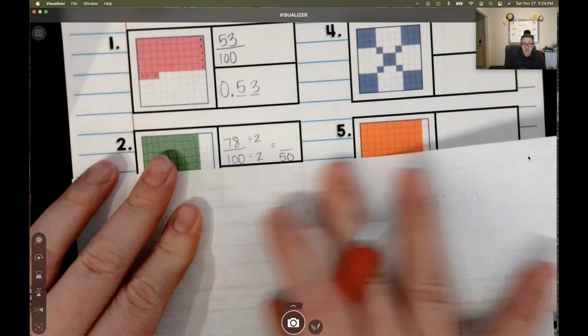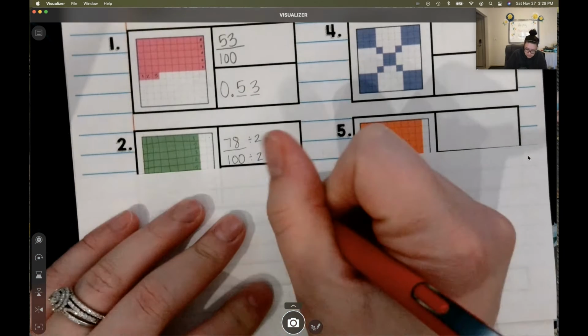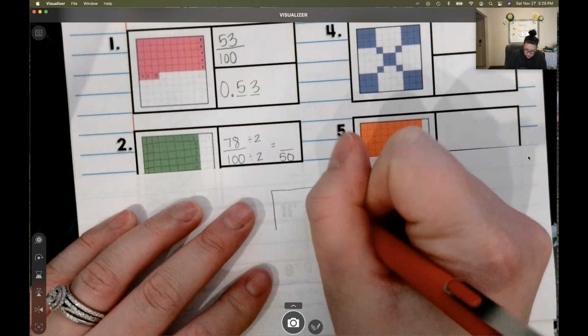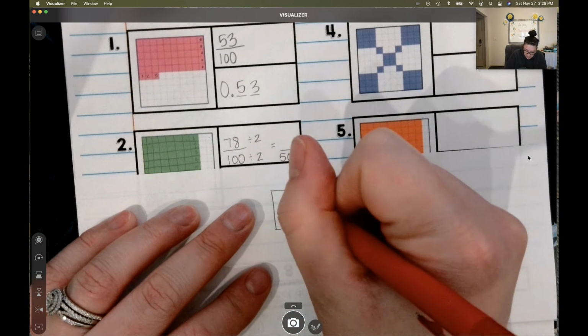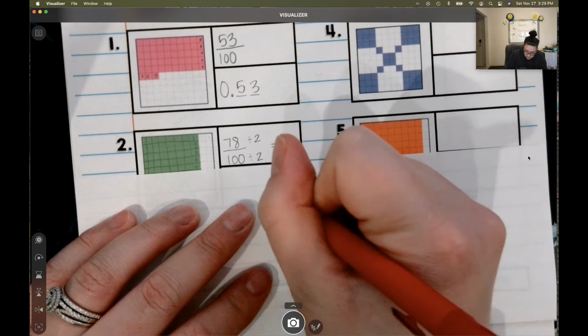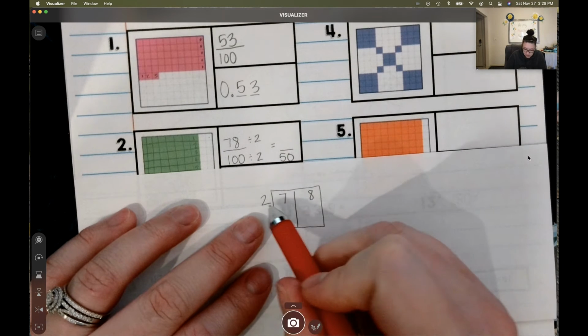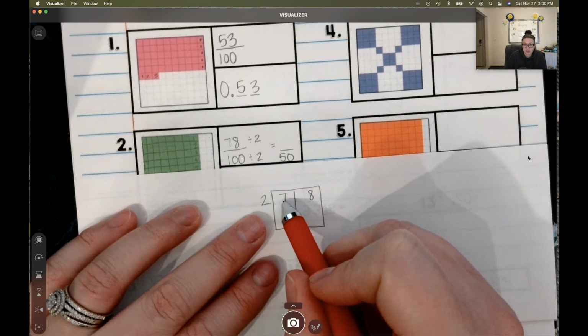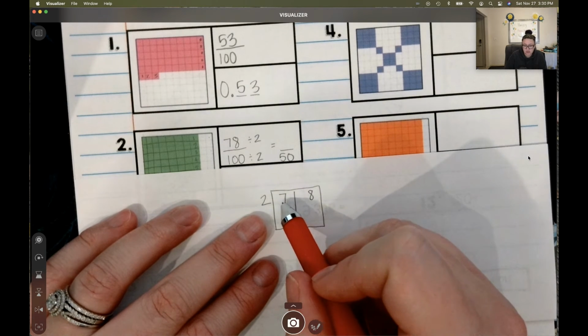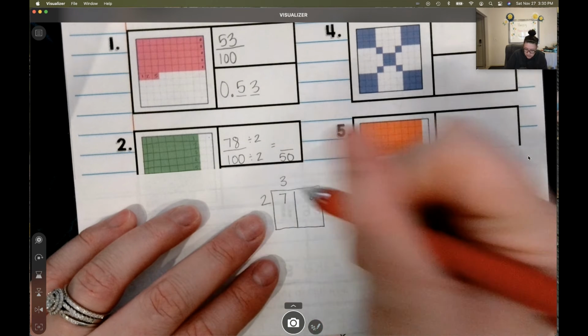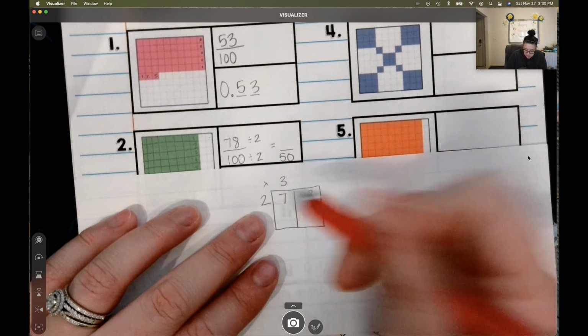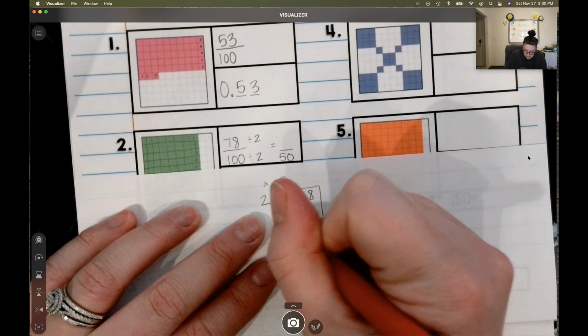Let's do some division to find out there. For my people who like the box method, 78 divided by 2. 2 goes into 7 how many times? 3. 2 times 3 is 6.